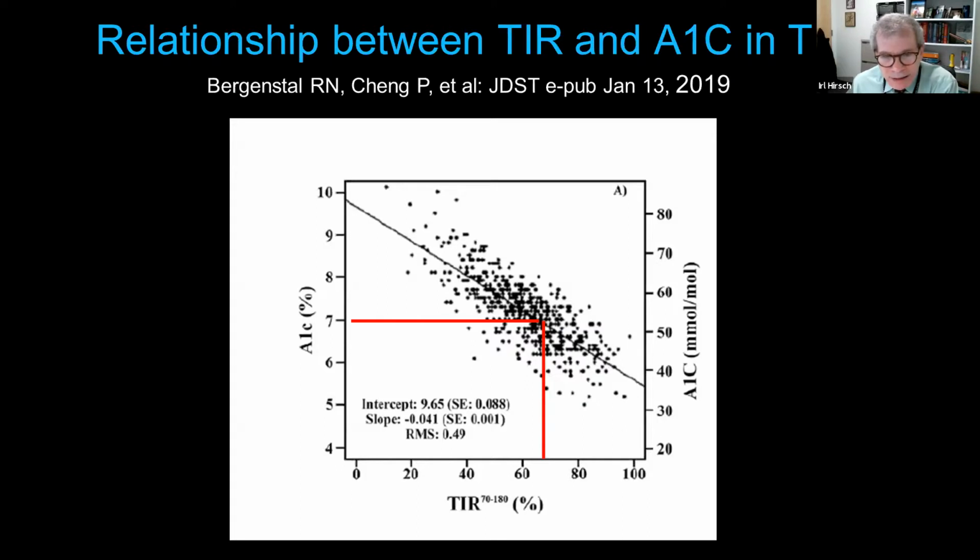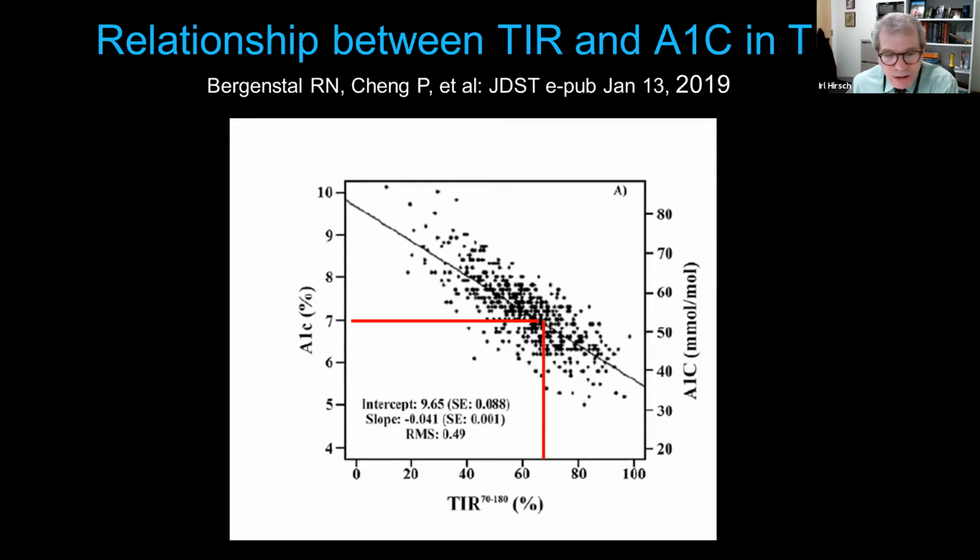Almost the exact same data was seen for type 2 diabetes, but this is actually important when you look at the spread and how widely variable the A1C is compared to the time in range. And what we have here are data from our clinic in Seattle showing the measured A1C compared to the glycemic management index, the GMI.